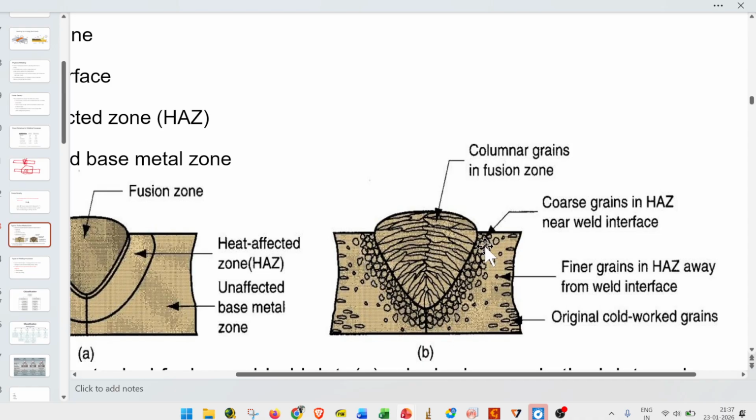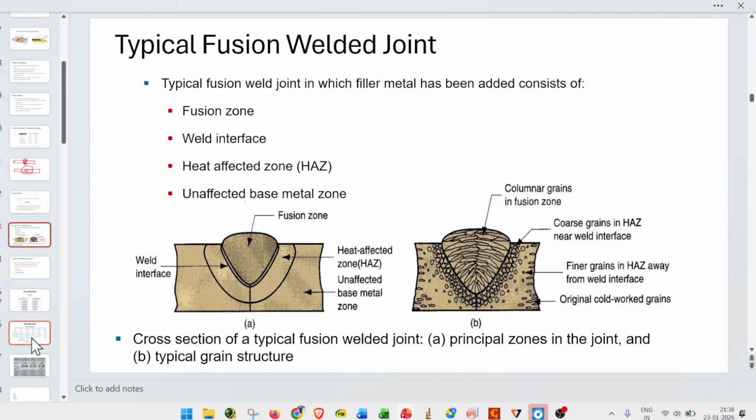Because of this, microstructurally the grains will grow and form coarser grains.